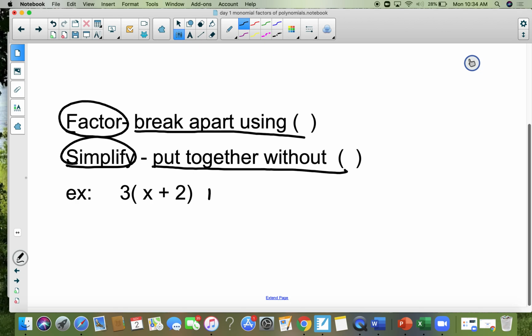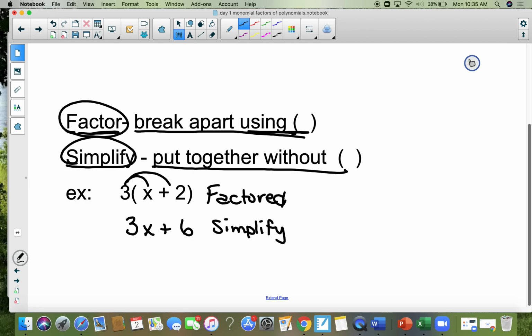So this is in factored form. Factored form, you use parentheses. Simplifying it by doing the distributive property is putting it all back together again without the parentheses. So this is simplify.